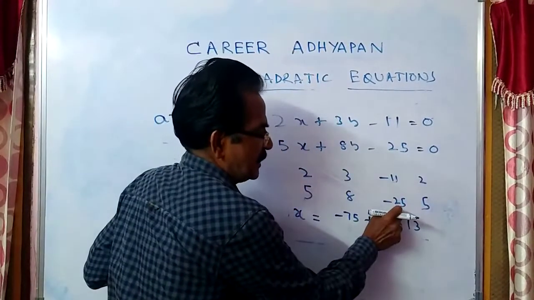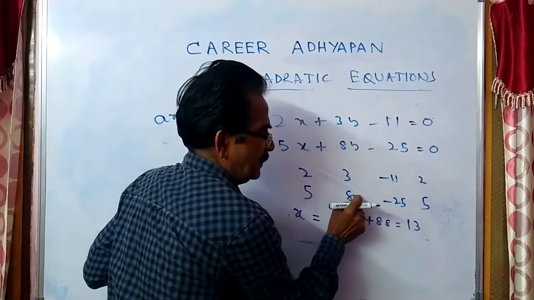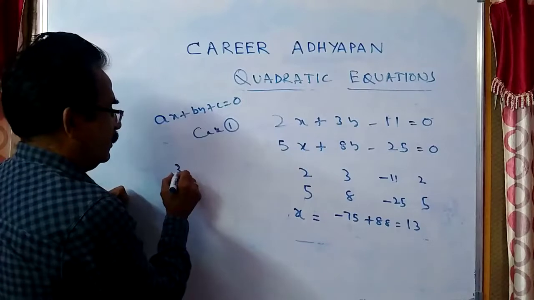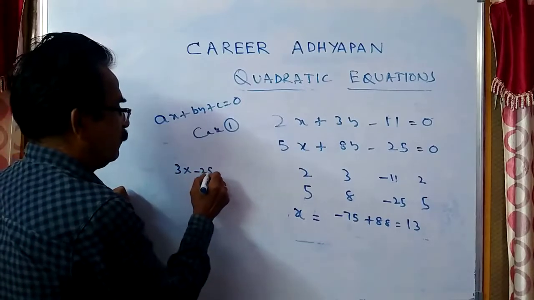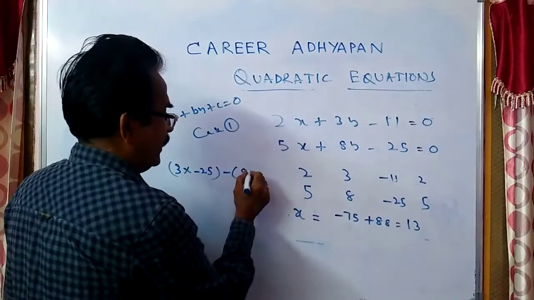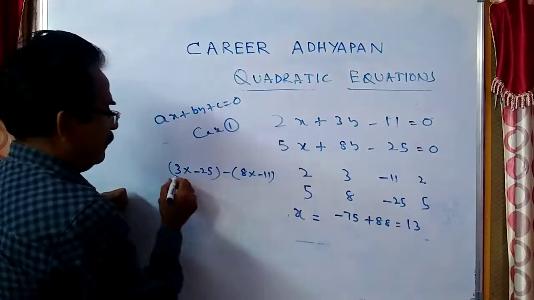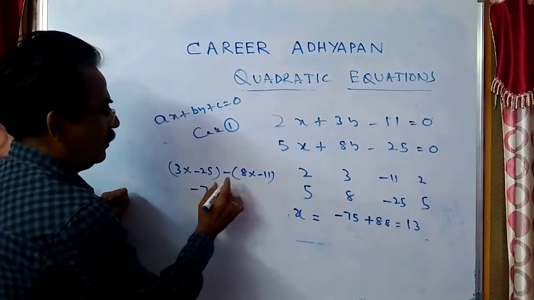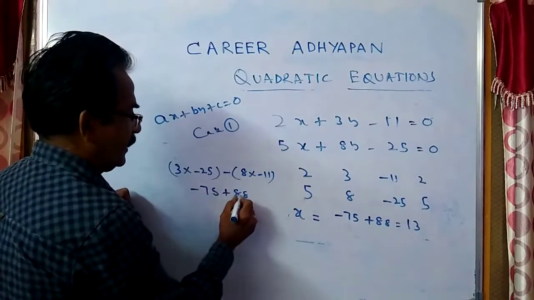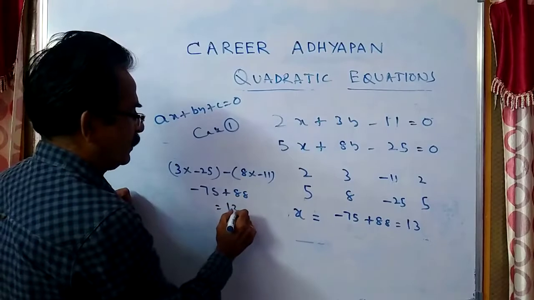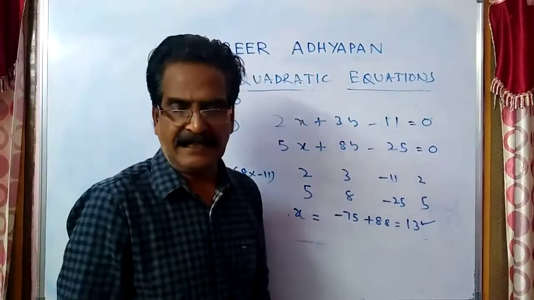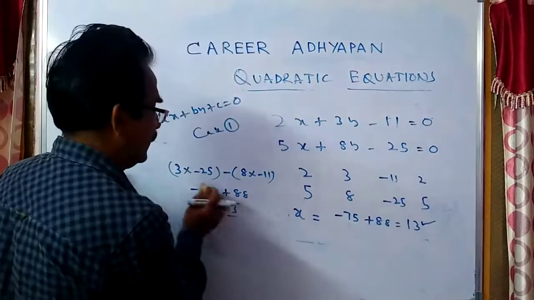This into this minus this into this: 3 into minus 25 minus 8 into minus 11. Minus 75, minus into minus plus 88. 88 minus 75 is equal to 13. So x you can take as 13.